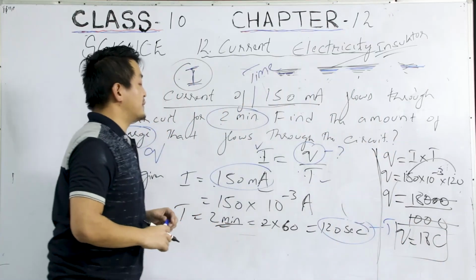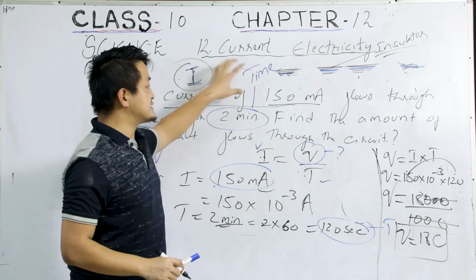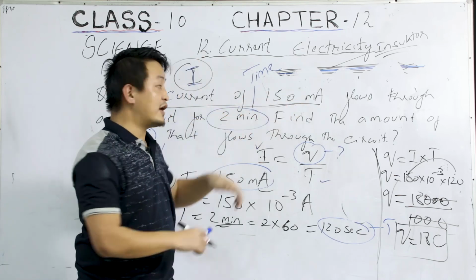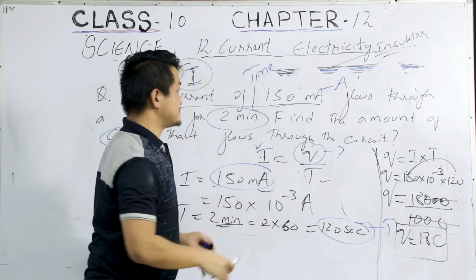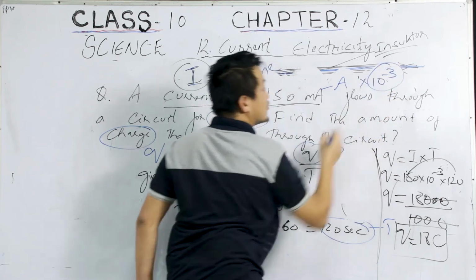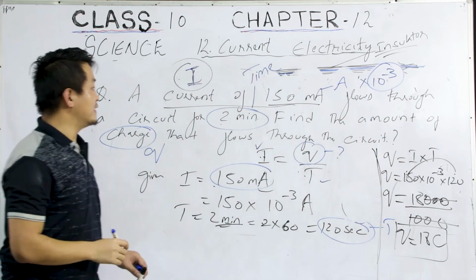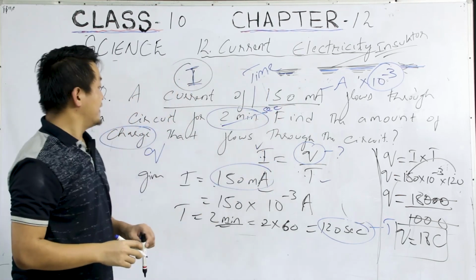Now you have to remember: when the current is given in milliampere, you have to convert it into ampere. For that, you just multiply with this to convert milliampere into ampere. Time should always be in seconds.